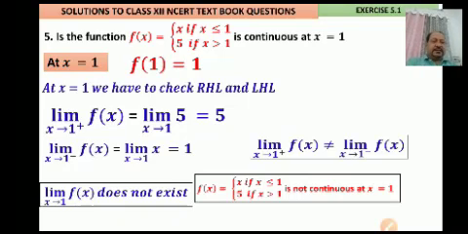So f of x equal to x if x is less than 1 and 5 if x is greater than 1 is not continuous at x equal to 1.